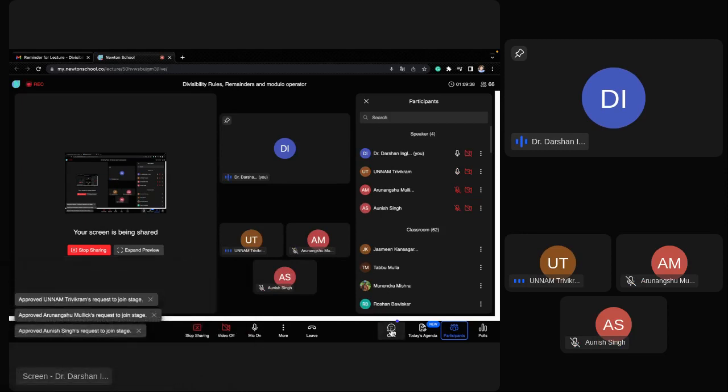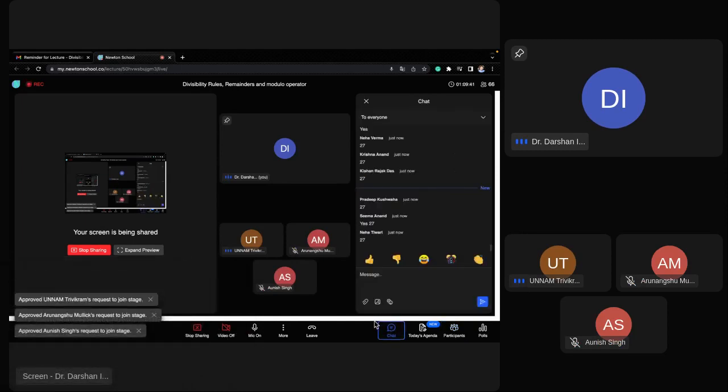Yeah, now you can see the chat. Actually, you didn't scroll down, sir. That's why you are unable to see the chat. If you scroll up, you can see a blue color down arrow box in the corner.